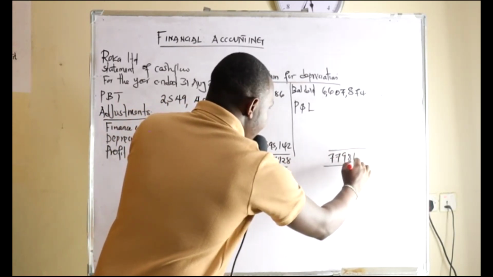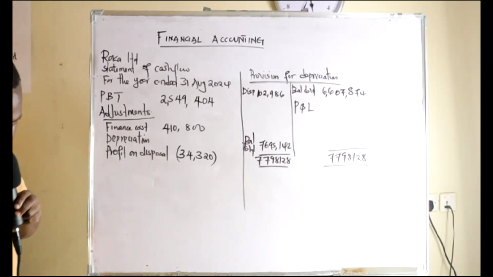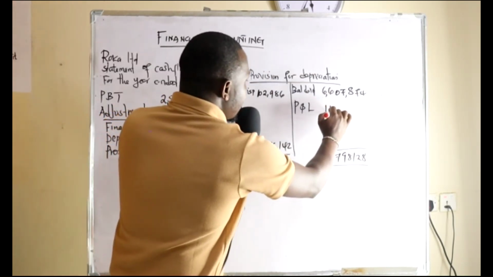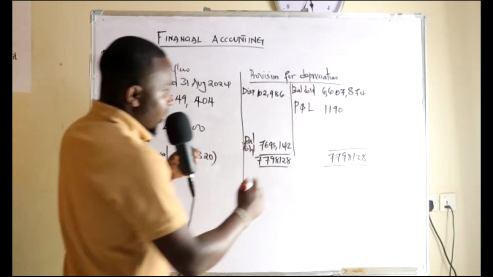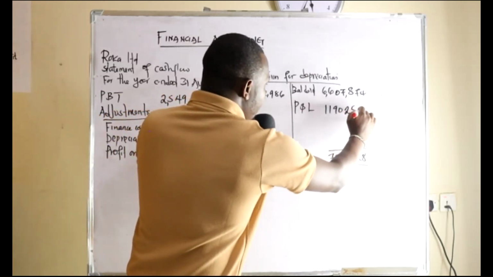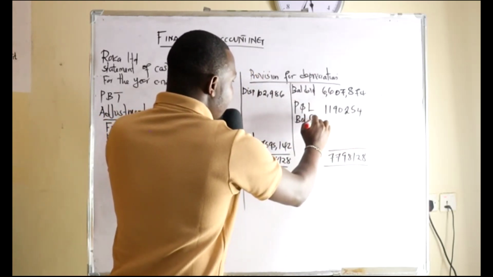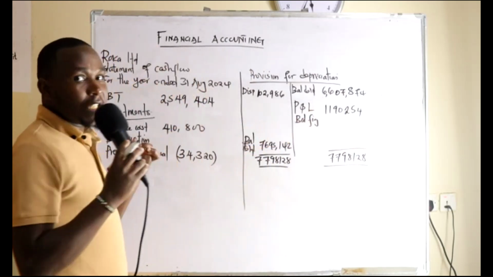So subtract this: minus 6,607,874. So we are getting 1,190,254. This is the balancing figure. This balancing figure is the depreciation charge for the year.